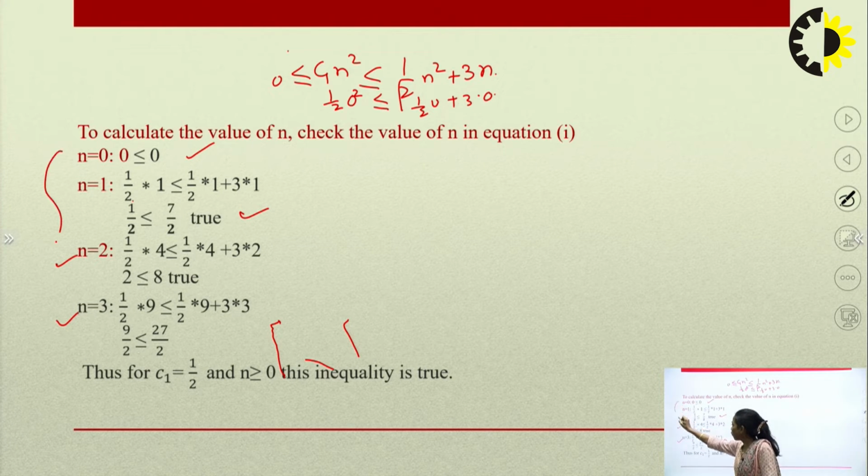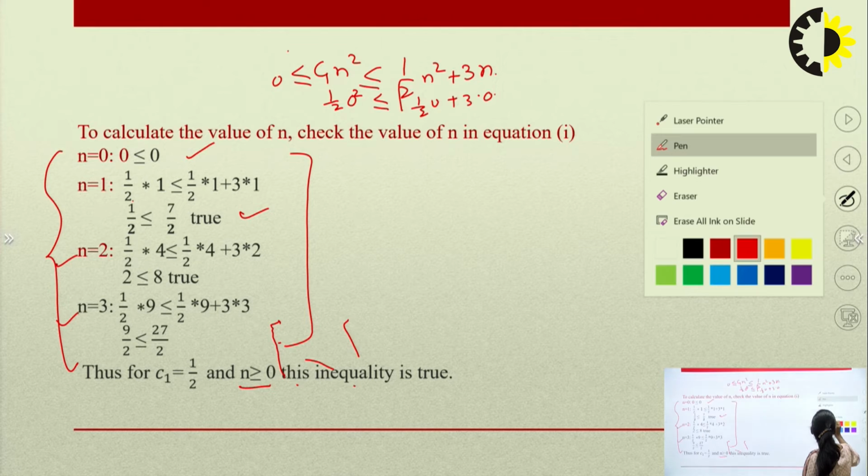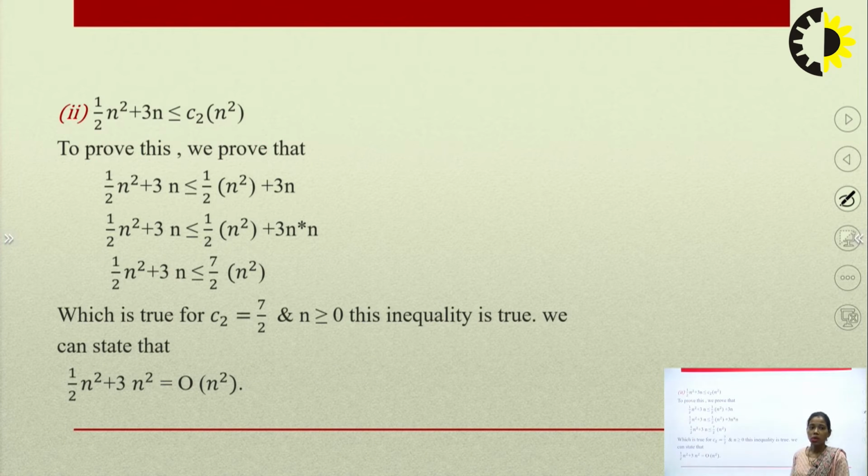We see that for all values n equal to 0, 1, 2 and 3, this equation is satisfied. So we can conclude that for C1 equal to 1 by 2 and n greater than or equal to 0, this inequality is true. Fine. Now we come to the second part of this inequality.